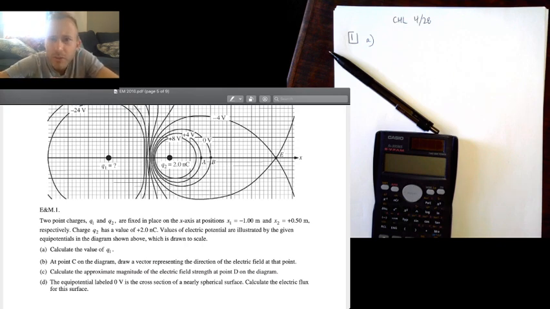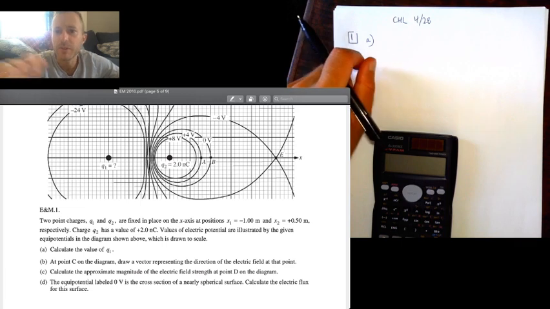Charge Q2 has a value of plus 2 nanocoulombs. The values of the electric potential are illustrated by the given equipotential diagram shown above. A says calculate the value of Q1.